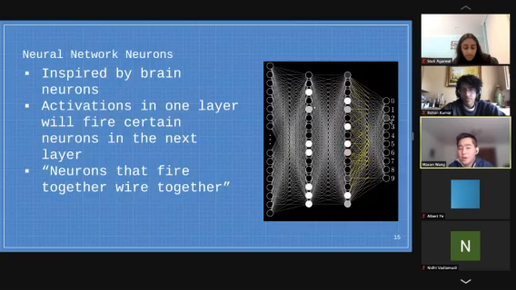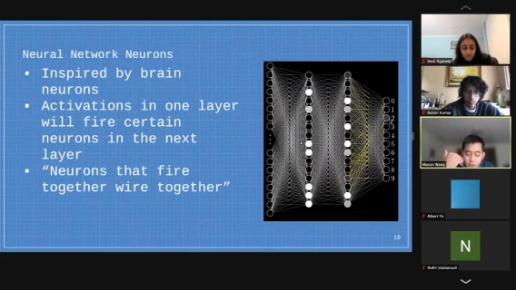This is inspired by brain neurons, because activations in one layer will fire certain activations in the next layer. Certain input activations, some pixels high, some pixels low, will cause certain neurons in this layer to fire, which will cause certain neurons in the next layer to fire, which will cause certain neurons in the last layer to fire. Hopefully the neuron we're talking about is the correct neuron, and the rest of them are zeros.